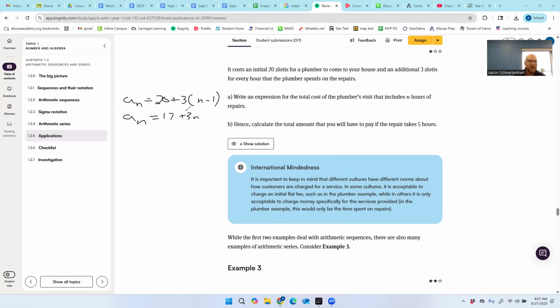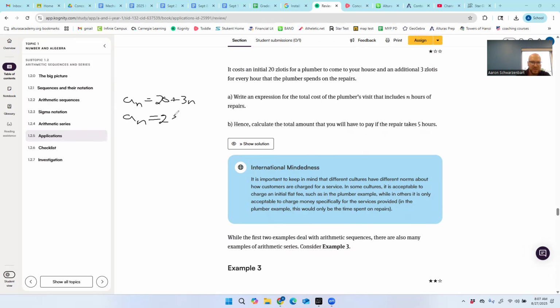Oh, nope. I did this wrong. I misread this. 20 to come to your house, $3 for every hour that the plumber spends on repairs. That gets rid of this minus 1. The first hour actually costs $23. 20 just for them to show up.